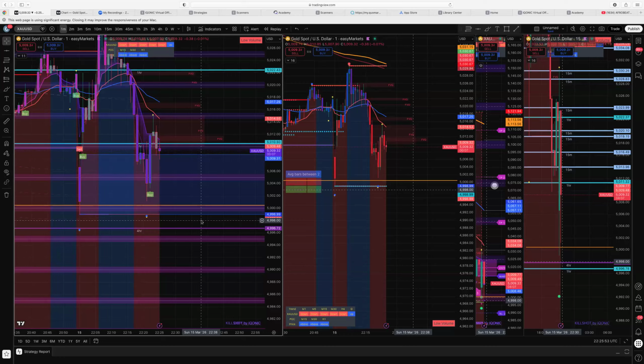Of course, it's not going to be an instant thing, but the aim of the game is that it's giving you guys more confidence in the trades that you are taking.